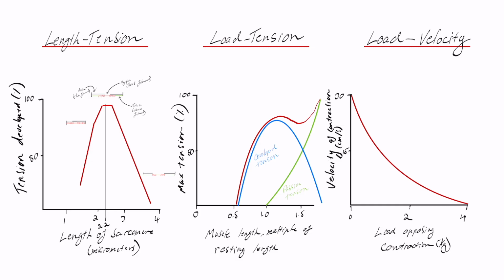On a side note, you can apply these graphs to the real world because, for example, if you tried to lift a 20 kilogram dumbbell in one arm, most of us probably couldn't realistically contract our bicep against that weight. So you would have a velocity of 0.